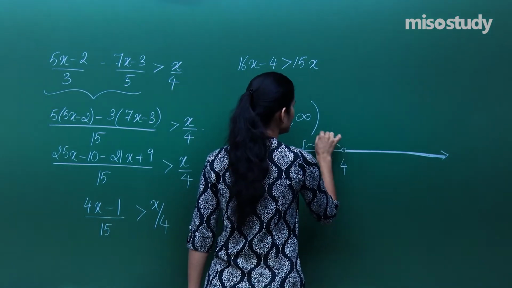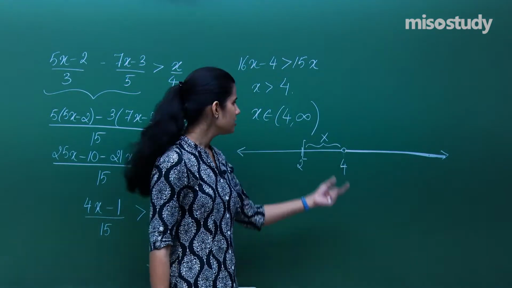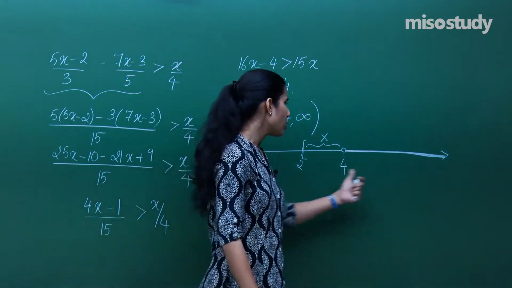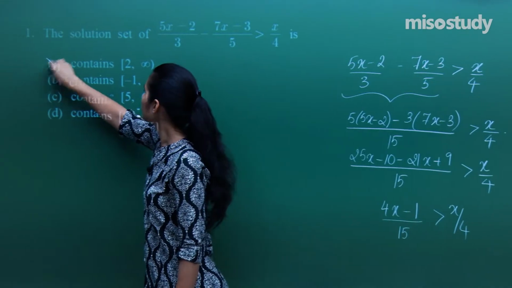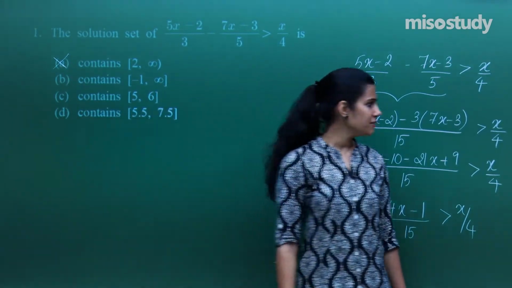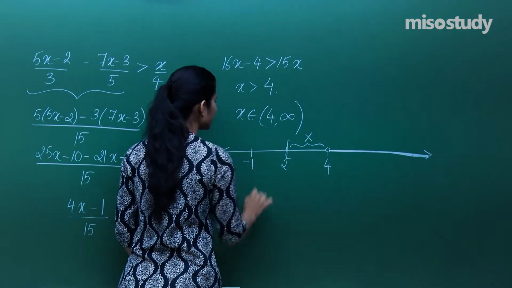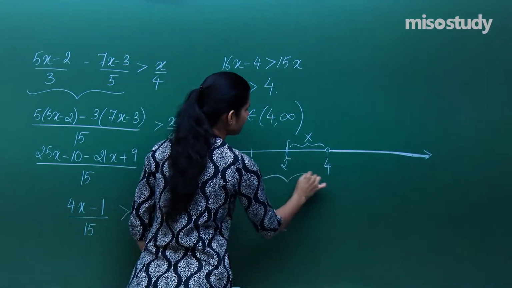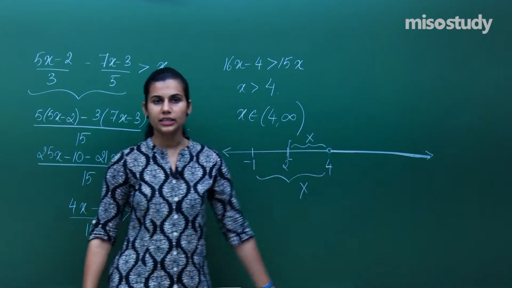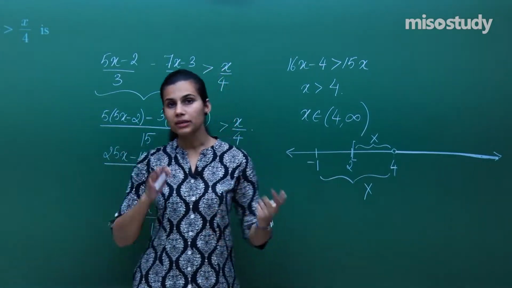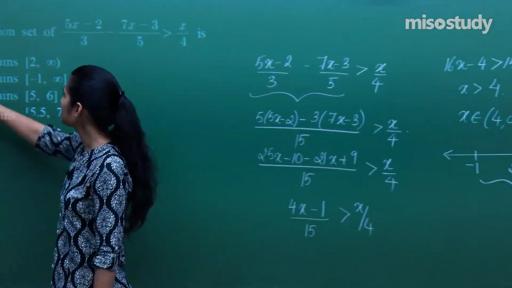So no, this portion is not in the solution set. So complete (2, infinity) does not lie in this interval, so this is wrong. Contains (minus 1, infinity)? Minus 1 would be somewhere even before here. So this complete portion is not lying in the solution set (4, infinity). Therefore minus 1 to infinity is completely not contained in my solution set.